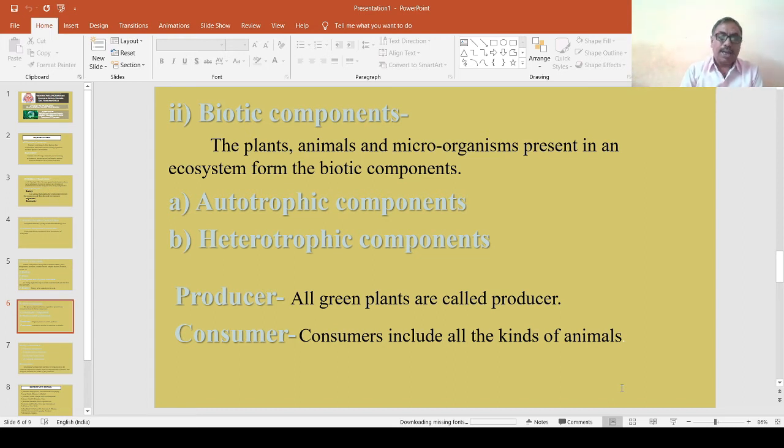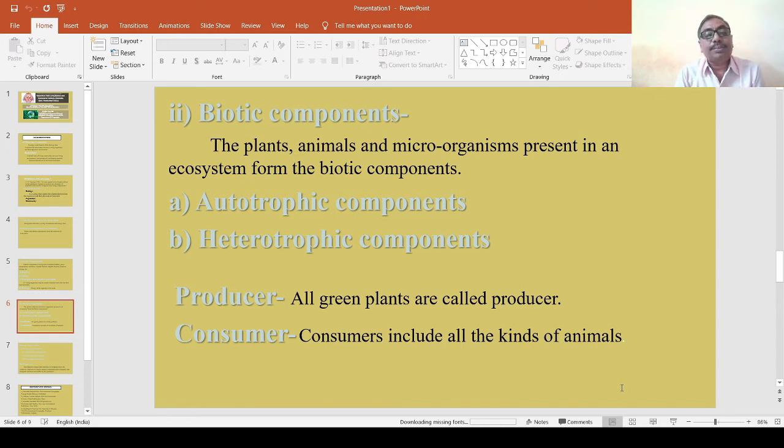In a terrestrial ecosystem, plants are the major producer. In an ocean ecosystem, microscopic planktons, and in lakes and ponds, the producers are rooted or floating plants. In this way, producers play an important role to maintain the ecosystem.